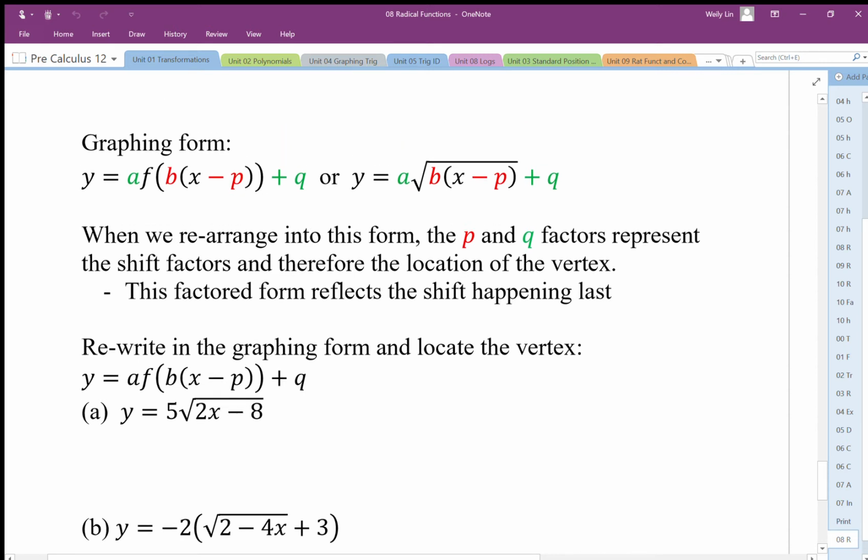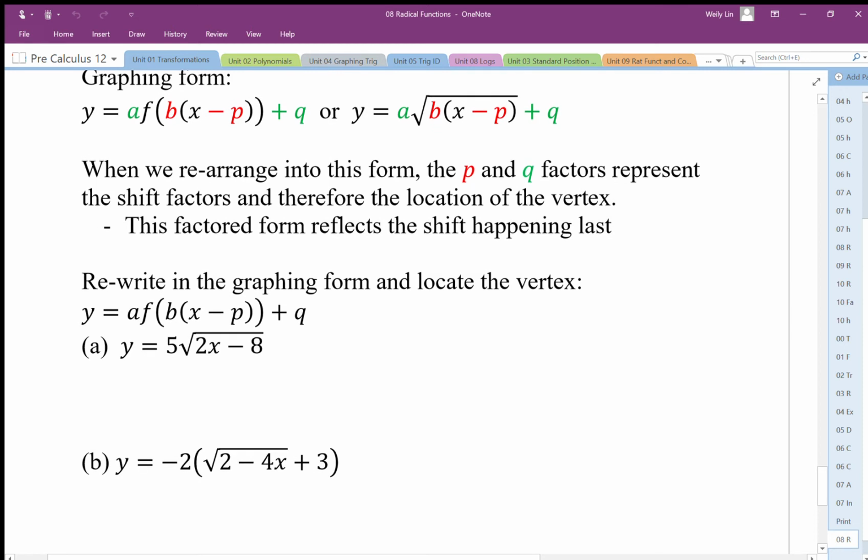So for this square root function, if I compress and expand first and then shift last, I know my vertex will be at p, just like with the quadratics. And the y-coordinate of the vertex would be that vertical shift on the outside. So shifting last is ideally the best thing. It's not always possible, but when we can, it helps us find the vertex.